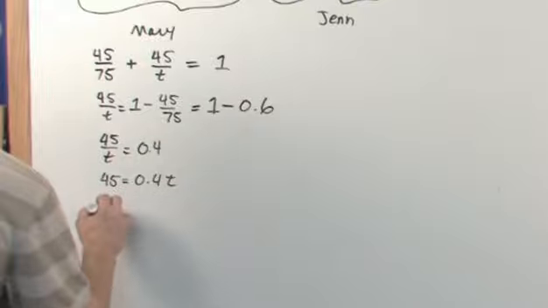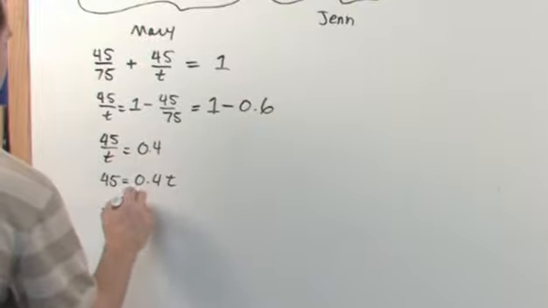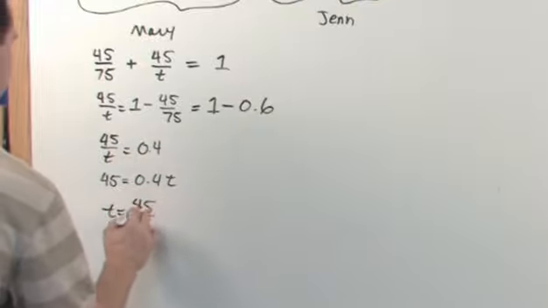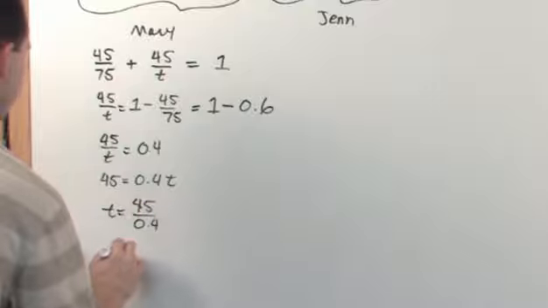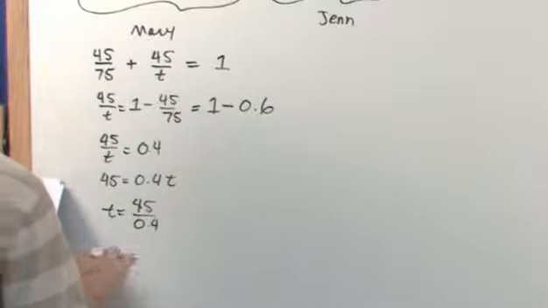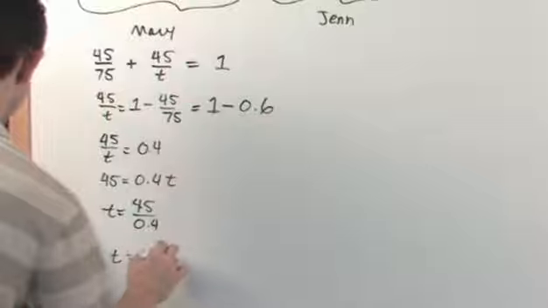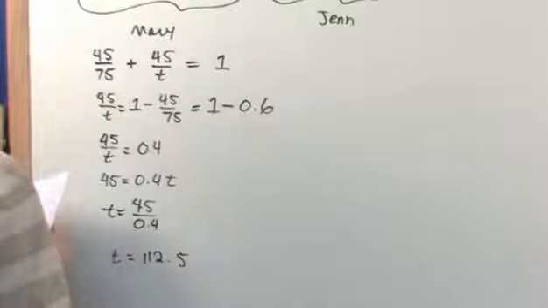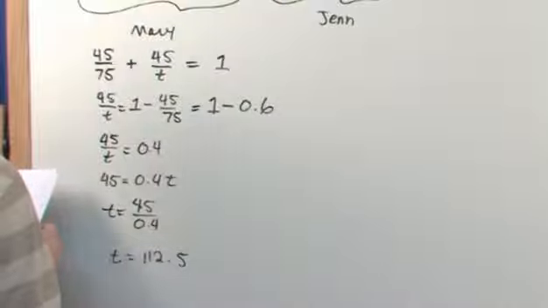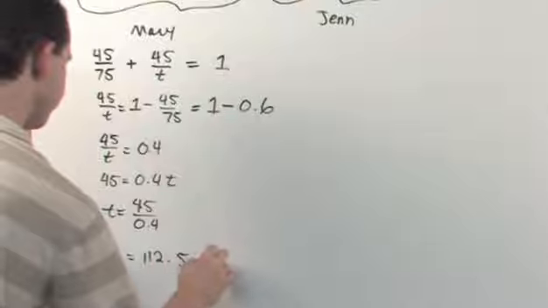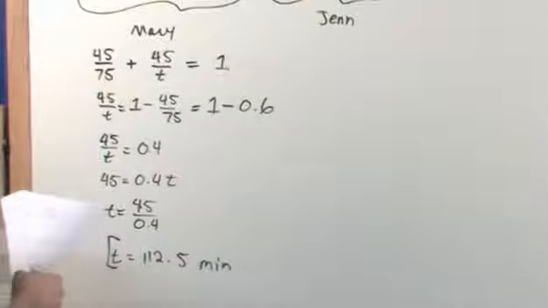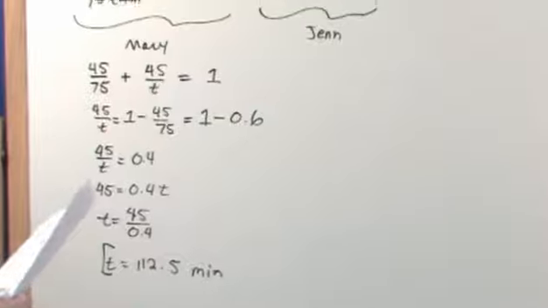And now to find t, you just simply divide both sides by 0.4. So t, 45 divided by 0.4 is 112.5 minutes. Okay? So now we've come full circle.